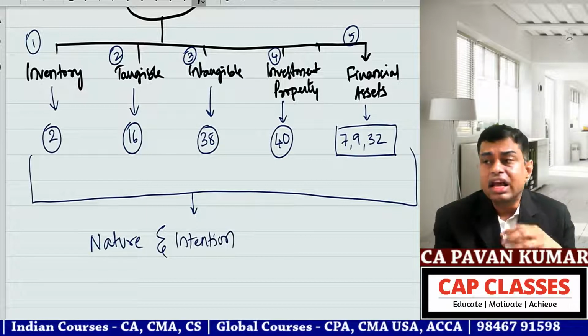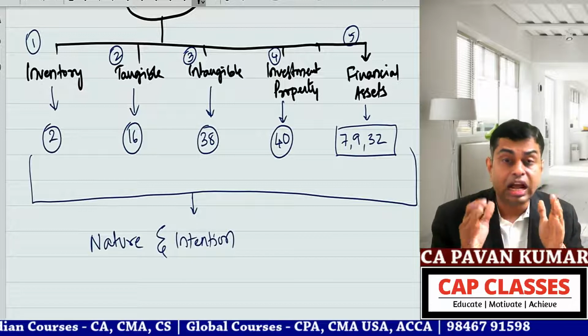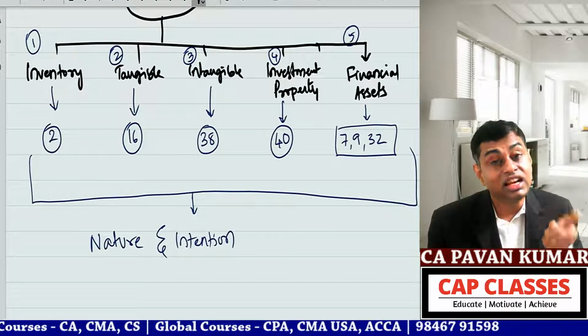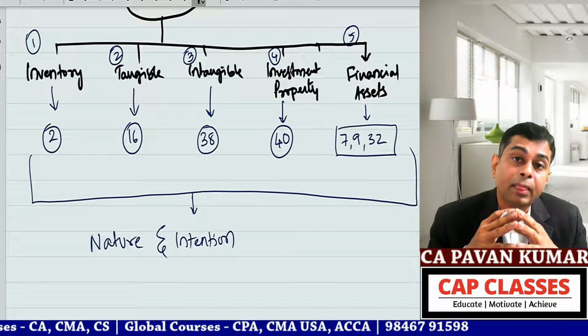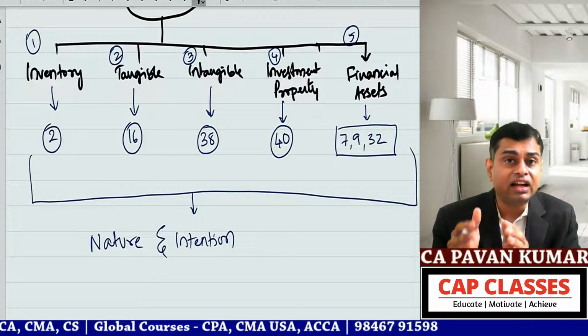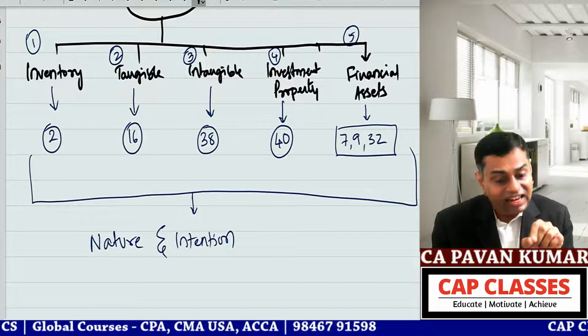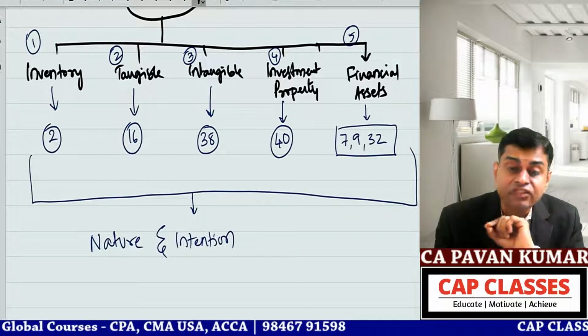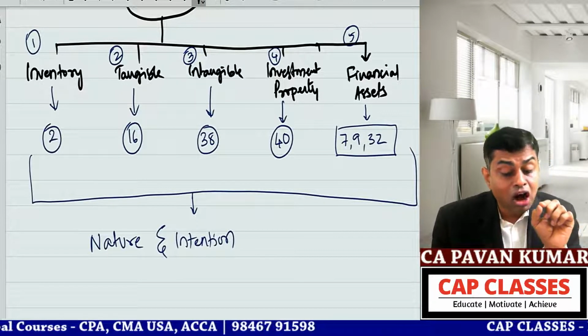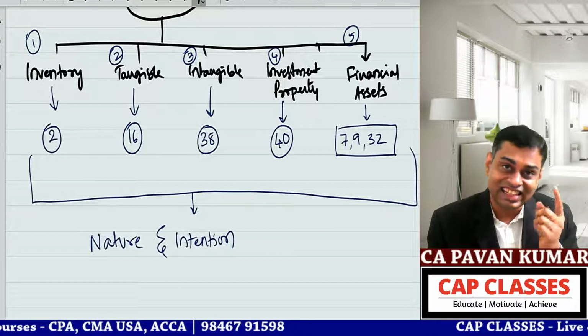For example, a flat, an apartment, a building held for sale is still inventory. Pavan sir, I used this factory for 22 years. Today I want to dispose of this. That is a non-current asset, but it is held for sale. That is called non-current asset held for sale. For that there is another standard, 5.